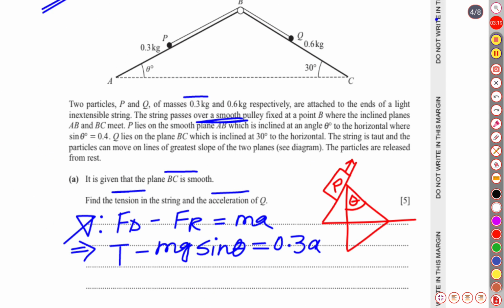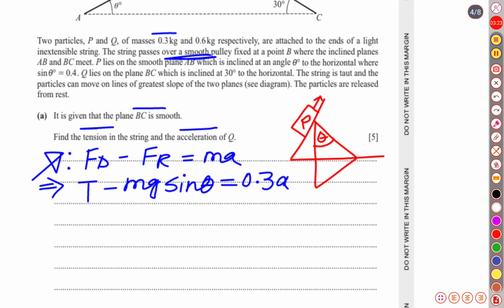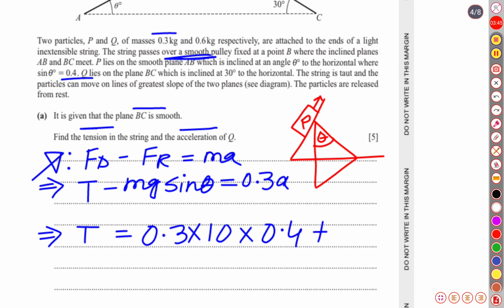Then if we substitute the values, we will get tension is equal to mass of the particle 0.3 and acceleration due to gravity 10, and sin theta is also given, which is 0.4, plus 0.3 into acceleration.